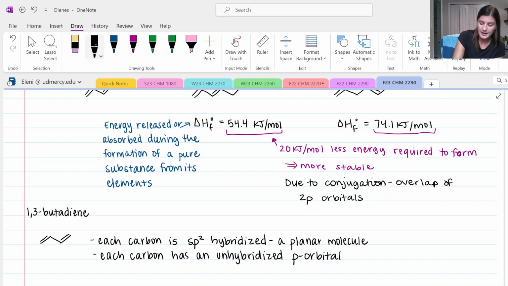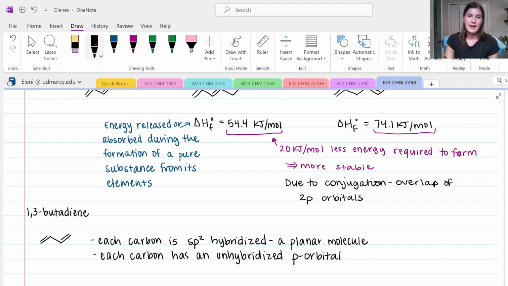And remember, unhybridized p orbitals are where pi bonds exist between these unhybridized p orbitals. In order to have a pi bond, the atom must have an unhybridized p orbital.